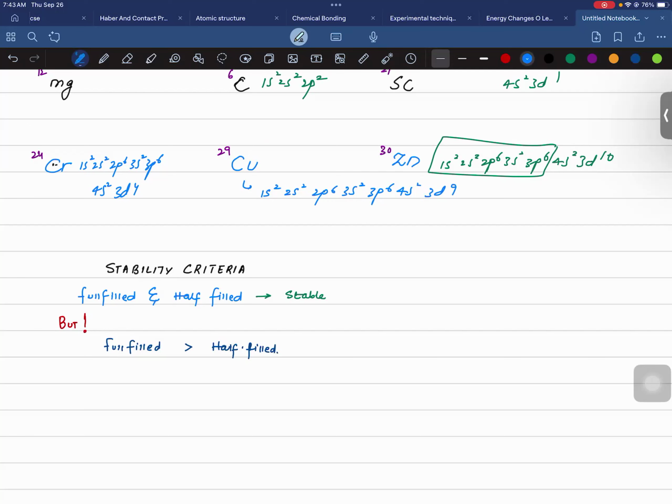Okay, and then partially filled is unstable. What is meant by the term partially filled? Let's suppose you have s orbital. If you have s2 and if you have s1, I can say that this is fulfilled and this is half filled. Both conditions are stable.